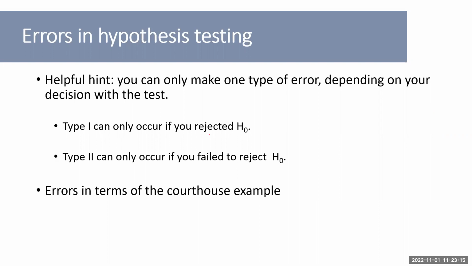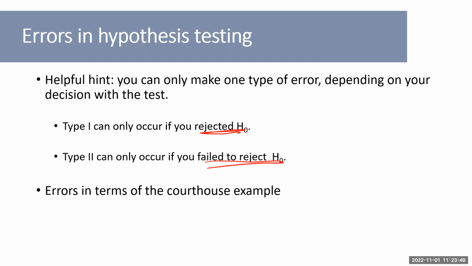If you decided to reject the null, it's possible that you made a type 1 error, okay? If you did not reject the null, you failed to reject the null, then you could have possibly committed a type 2 error, okay? Think about that. A type 1 error occurs when you reject, but you should not, okay? So you must reject to commit a type 1 error. If you failed to reject, it's not possible that you committed a type 1 error because it requires that you rejected it. Similar for type 2.